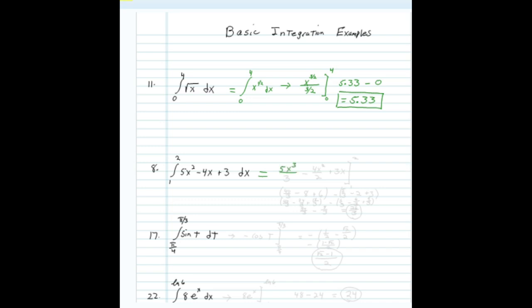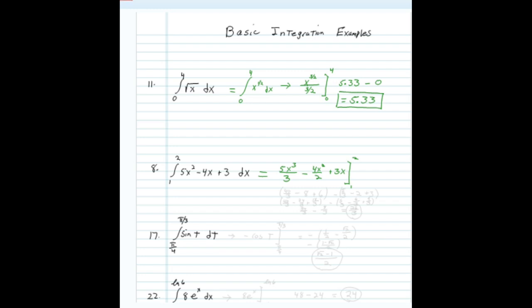For the second one, we'll get 4x squared over 2, that reduces to 2x squared. And then for 3, we get 3x to the 1. Again, we don't need a constant of integration since we're doing a definite integral here. And we're going to do that between 1 and 2.